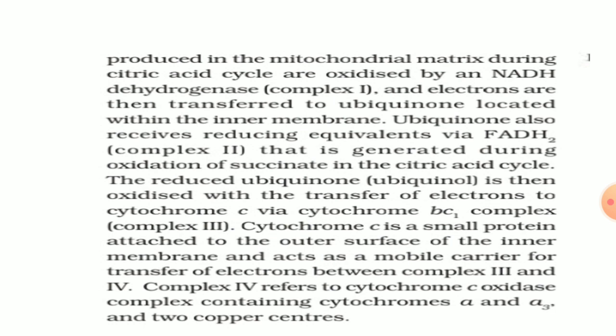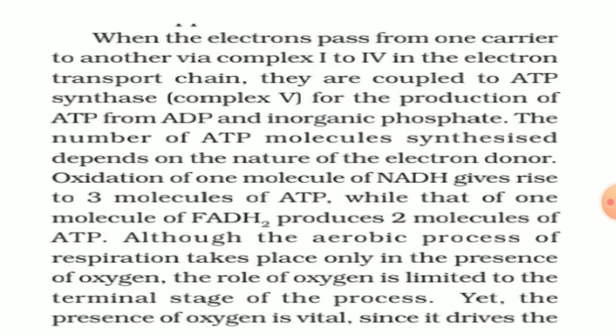Cytochrome C is a small protein attached to the outer surface of the inner membrane and acts as a mobile carrier for transfer of electrons between complex 3 and complex 4. Then complex 4 refers to the cytochrome C oxidase complex, containing cytochrome A and A3 and 2 copper centers.